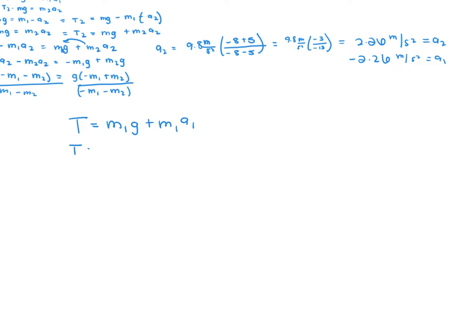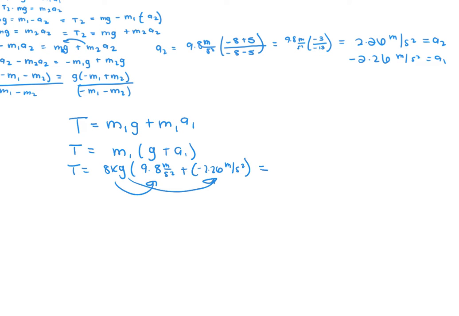That means T equals m1 times g plus a1, which is 8 kilograms times 9.8 meters per second squared plus negative 2.26 meters per second squared, which if we do the work for that, is going to equal 60.3 newtons.